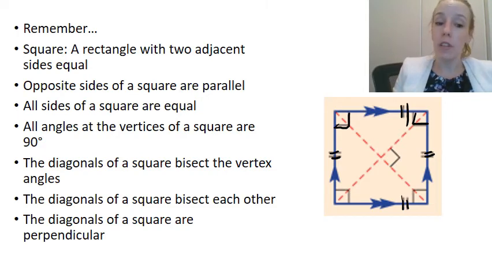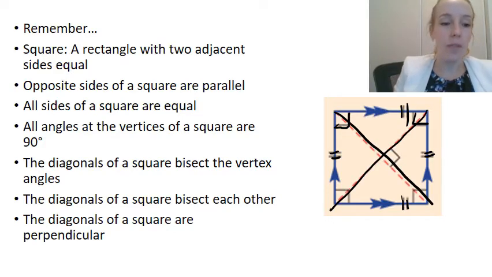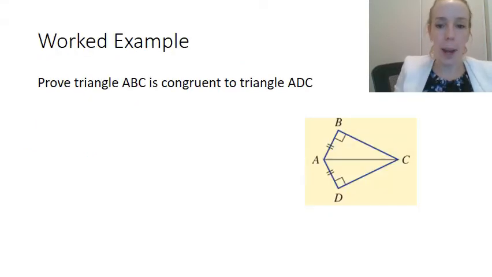The diagonals of a square bisect the vertex angles, so they're cutting those angles perfectly in half, and the diagonals also bisect each other, and the diagonals of a square are perpendicular. Okay, so after all that, hopefully that refreshes you on each of those shapes.